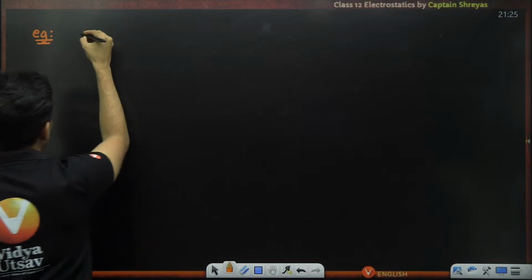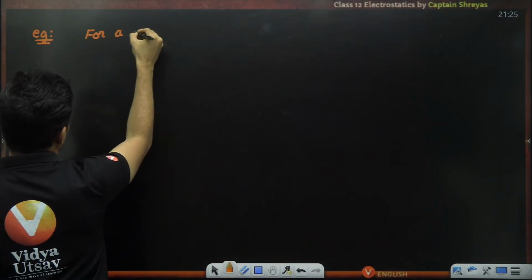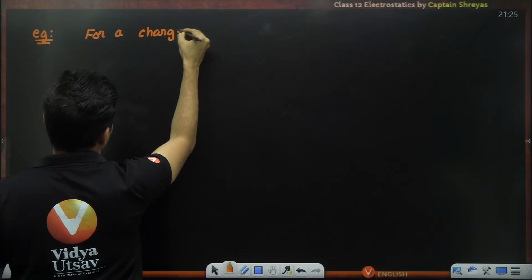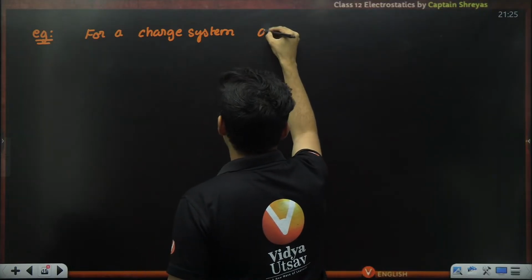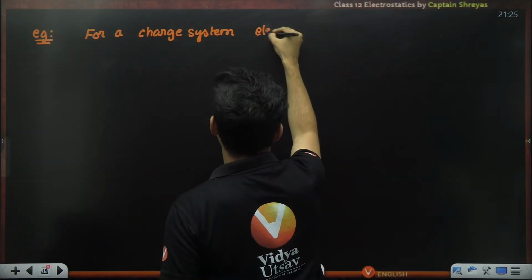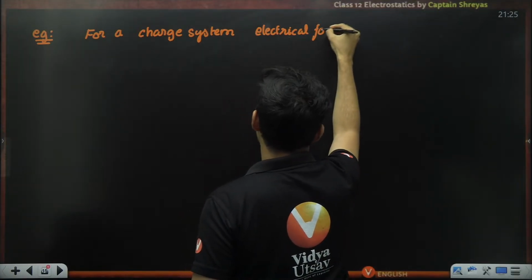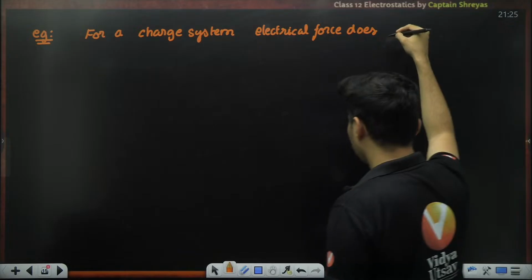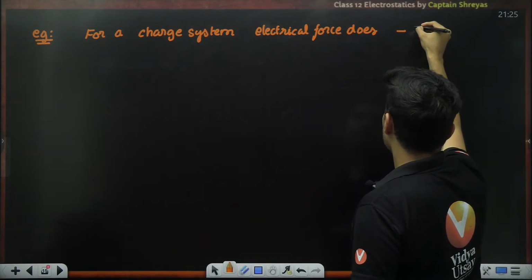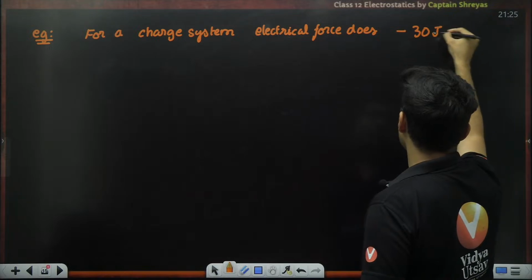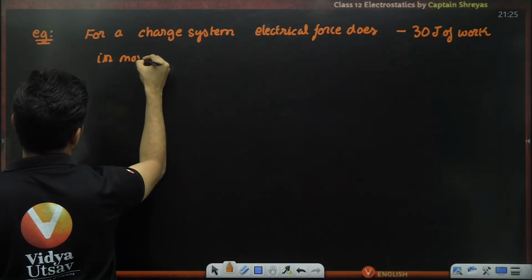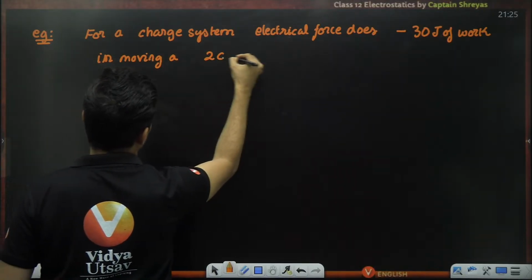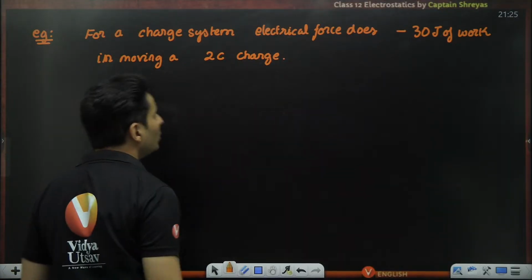I tell you that, hey, listen, for a charge system, or rather, the electrical force does minus 30 joules of work in moving a 2 coulomb charge.